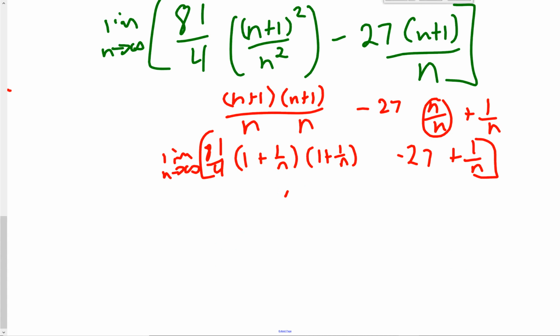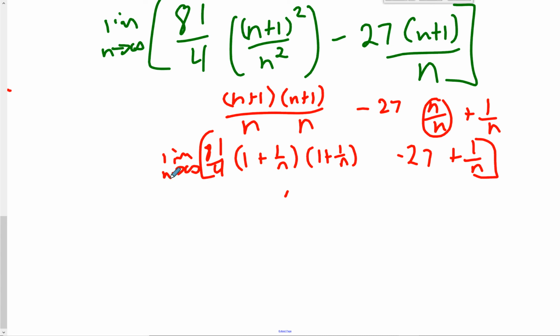And why we want that is because now when I take the limit of this, I can distribute that limit in there, right? Same kind of rules. We'll go to a constant. We'll go to each one of these as we substitute that in. Actually we can probably pull that constant out, which is fine.